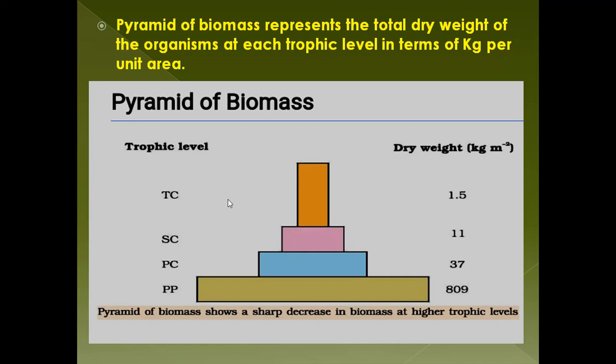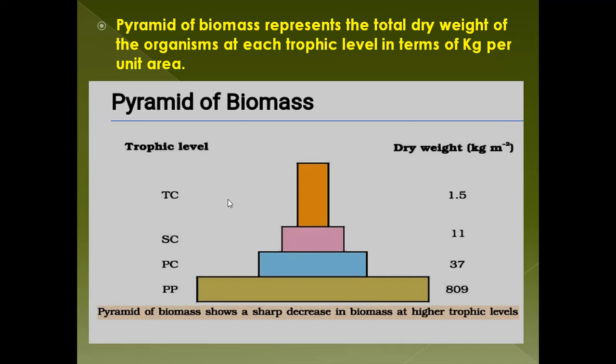So primary producers here, the data given is their biomass is 809 kilograms per square meter area, that is, if you take 1 square meter area of the grassland in a food chain, its total dry weight amounts to 809.